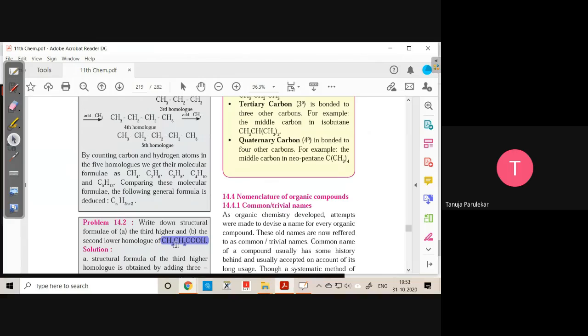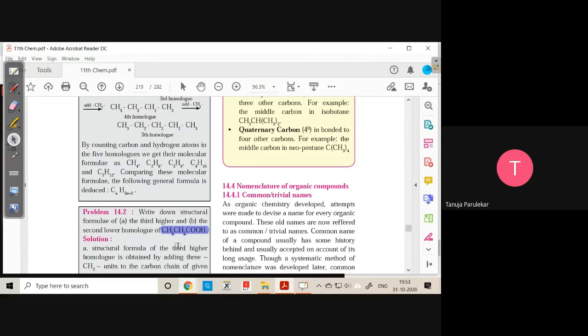So consider 3 more carbon atoms from this, and the second lower homologue of this. That is, you have to remove 2 carbon atoms. So the structural formula of the third higher is obtained by adding 3 CH2 units.